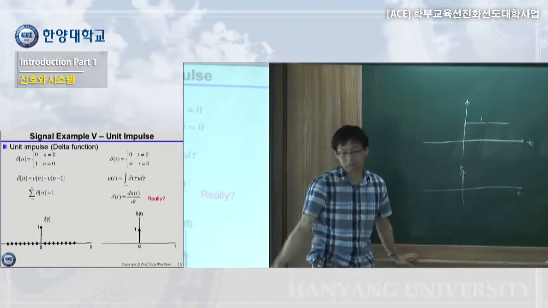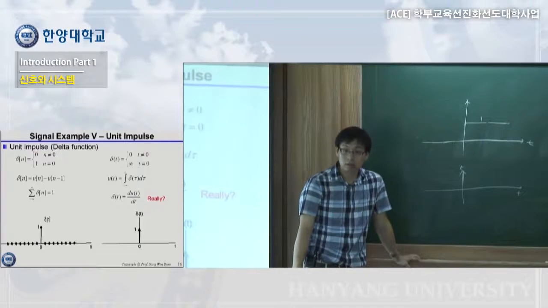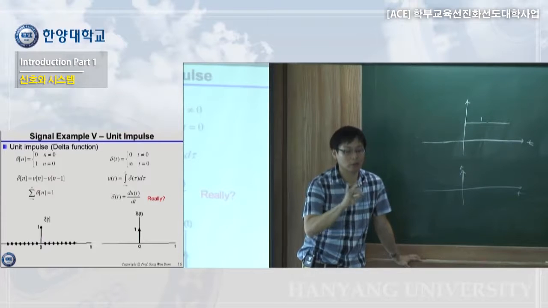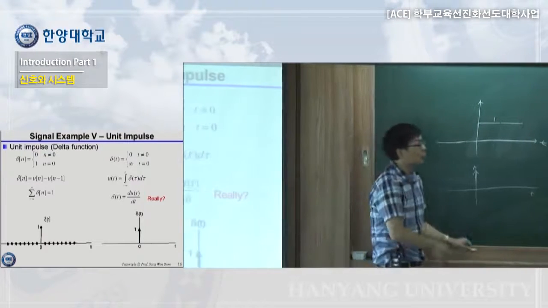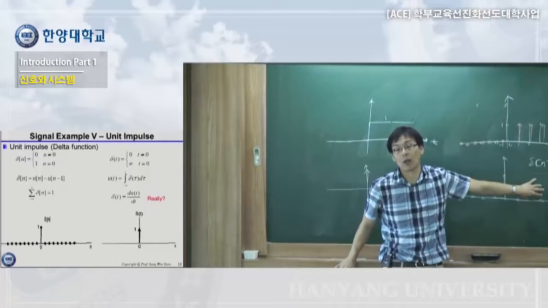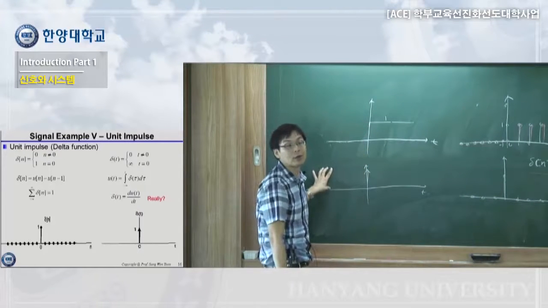Something like this. How can we define it? Here I will point out another difference between discrete time and continuous time. In discrete time, we will use subtraction, while in continuous time, we will use differentiation.